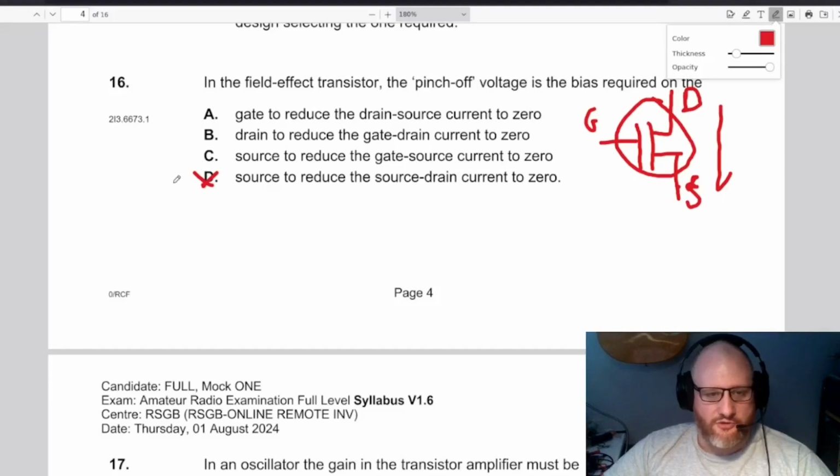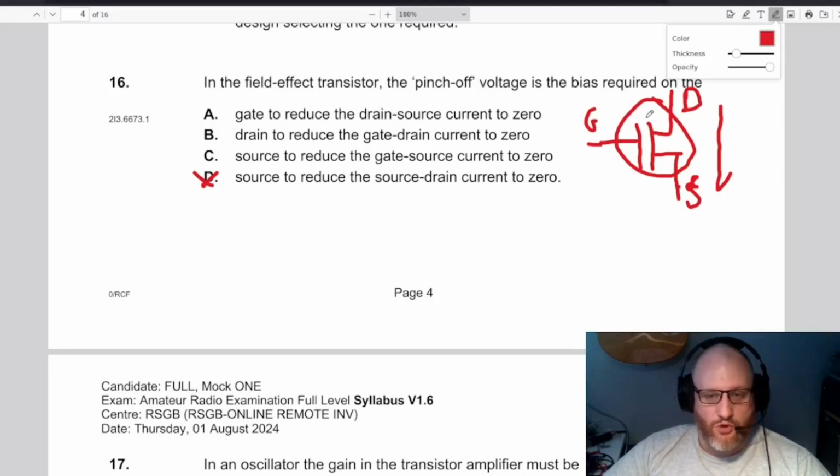Is the pinch-off voltage the bias required on the source to reduce the gate source current to 0? Well, again, we know that we typically apply the voltage at the gate, but there's another reason why that may not work. If we look at the symbol here, it looks almost like there's a capacitor in here. Actually, the way that these devices are made is that there is a thin layer of silicon oxide, and so the gate isn't directly connected to the drain and the source piece.